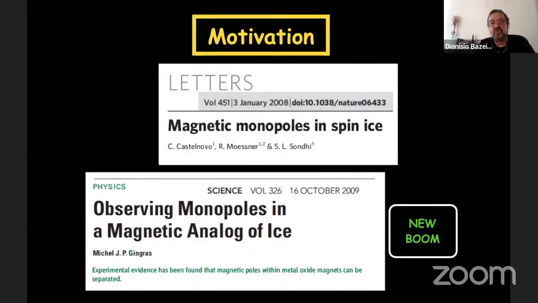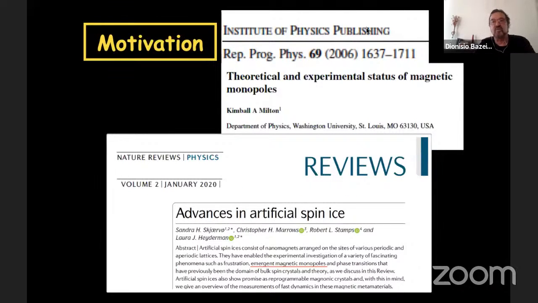And for those of you interested in magnetic monopoles, I remind you of two review papers, one in 2006 and another one this year, on artificial spin ice systems. So we are not alone.